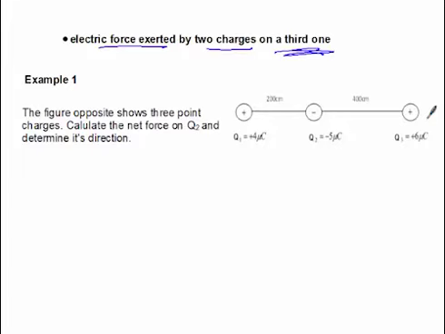The figure opposite shows three point charges, Q1, Q2, Q3. So you have here Q1, here Q2, here Q3. Calculate the net force on Q2, this one. You want the net force here, and determine its direction.